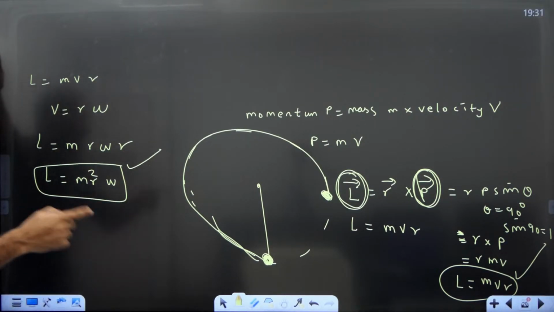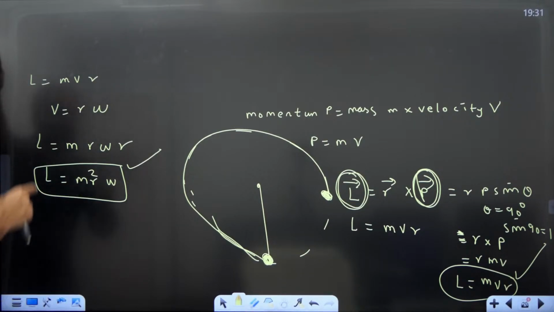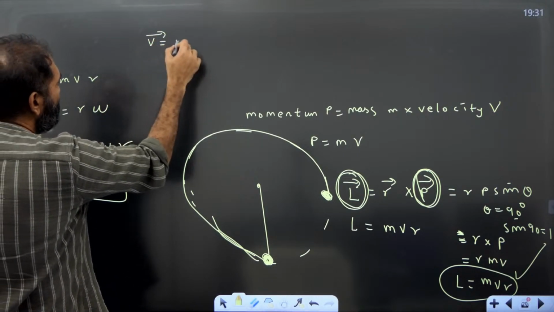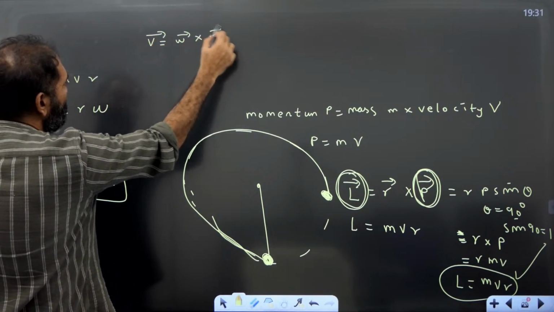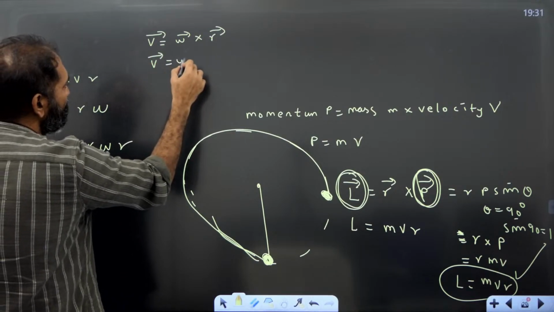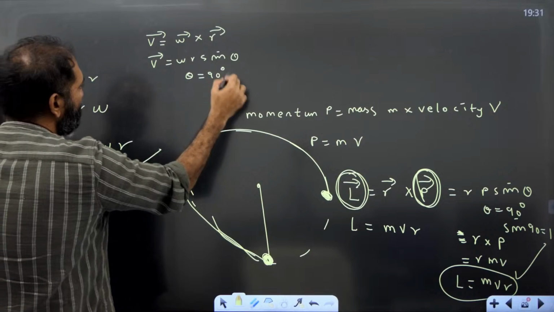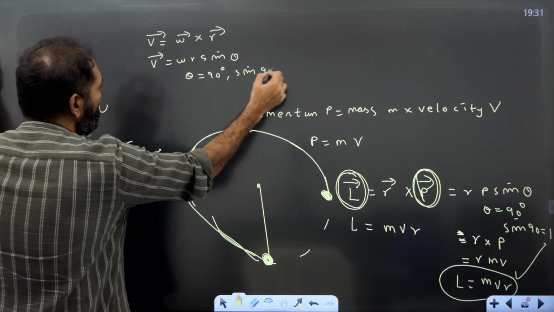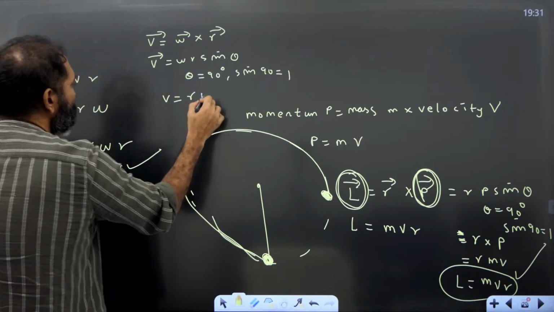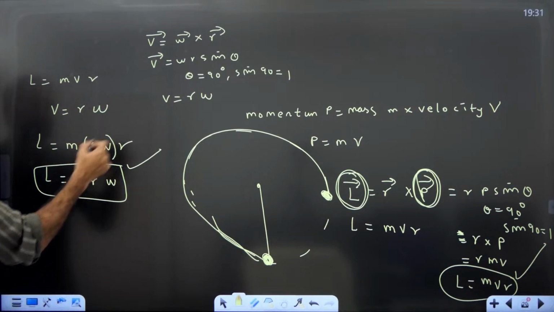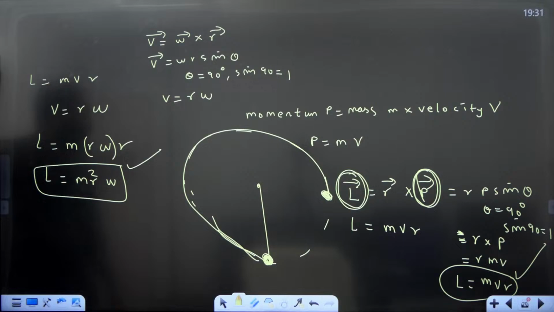Because we got L equal to MVR, but we know that in circular motion in a plane, the relation between linear velocity and angular velocity is V vector equal to omega vector cross R vector. V is equal to omega R sin theta. If theta is 90 degree, sin 90 is 1, so V equal to R omega. So instead of V, I am writing R omega. So L equal to M into R omega into R, so L equal to MR square omega. Is it clear now? Any doubts?